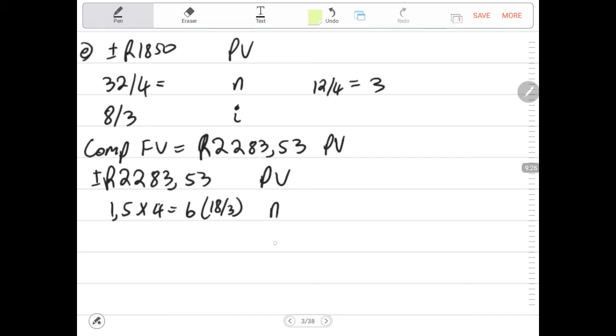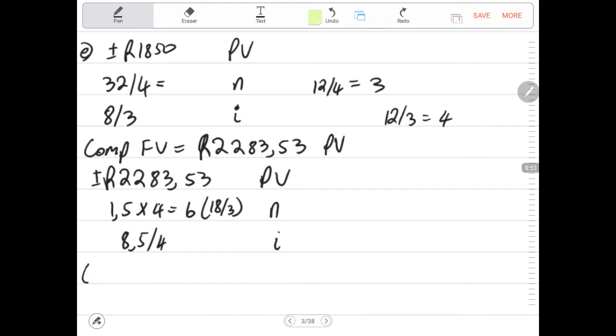Then our interest is 8.5 divided by 4, because our interest is compounded 3 monthly. How many 3 months do we have in 12 months? That will be 12 divided by 3, which gives you 4. So that's why we multiplied by 4 there. Here we divided by 4.